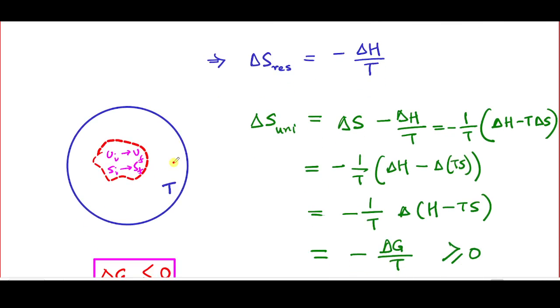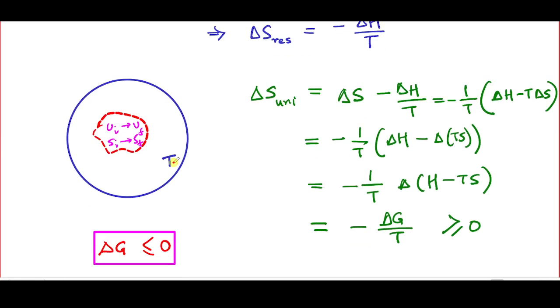So, ultimately, in this situation, when the system can change volume but is maintained at a constant pressure, delta S of the universe is given by negative of delta G over T, and of course this has to be positive or zero in such a situation, which tells us that for a closed system at constant pressure and temperature, the system can only evolve towards a state with a lower Gibbs free energy.